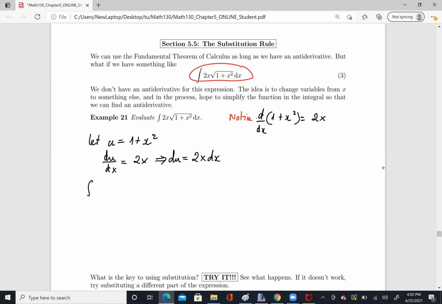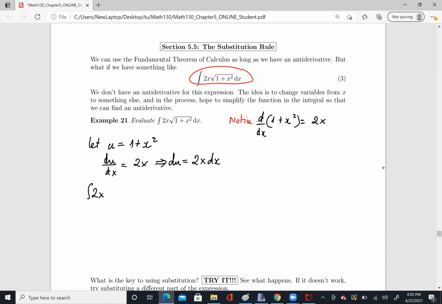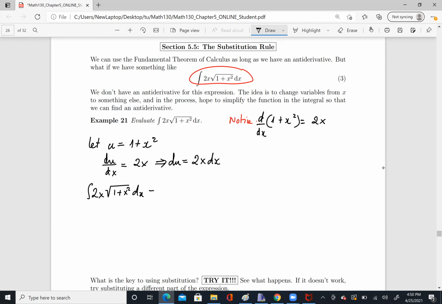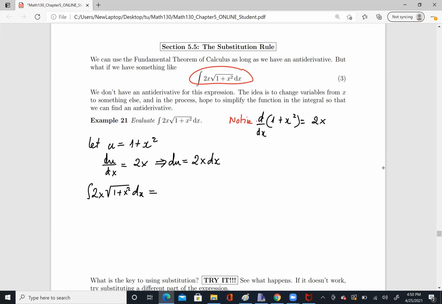The integral becomes 2x multiplied by square root of 1 plus x squared dx, can be changed to be the integral of 2x.